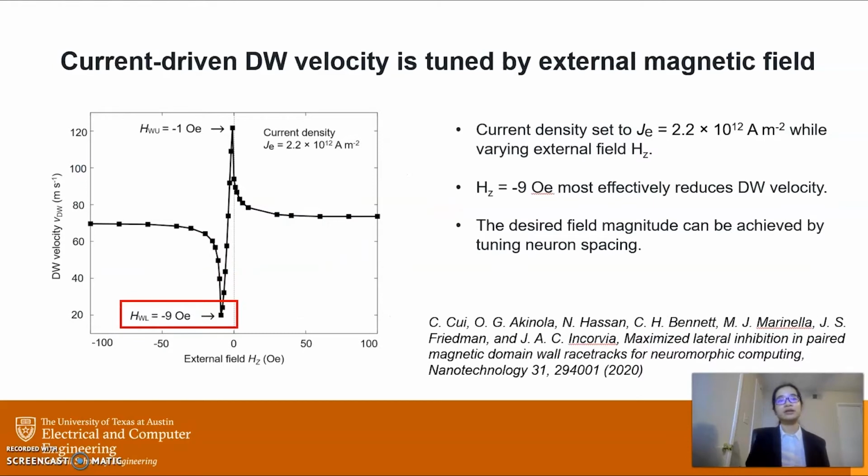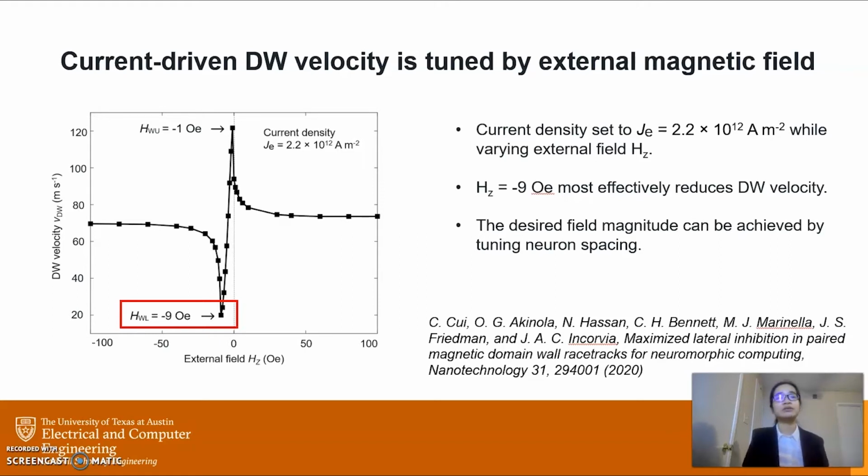Our goal is to maximize lateral inhibition by finding an optimal stray field strength. To do so, we first simulate the domain wall motion in an isolated domain wall racetrack. We keep the input current density unchanged, vary the externally applied vertical magnetic field, and simulate the corresponding domain wall velocity.